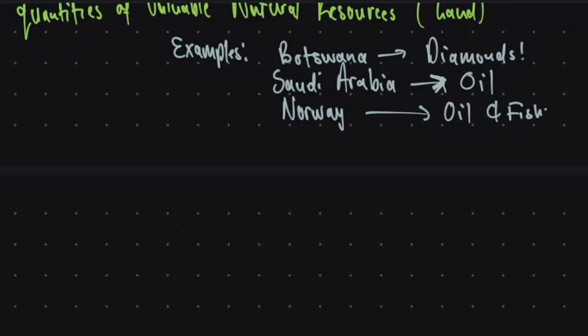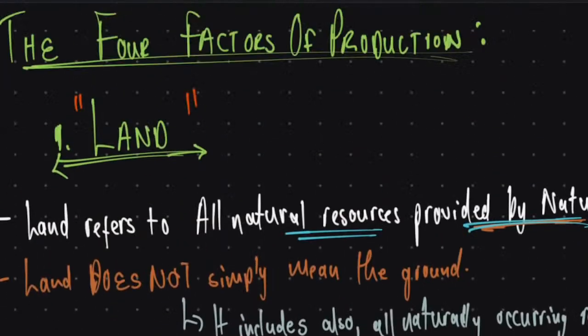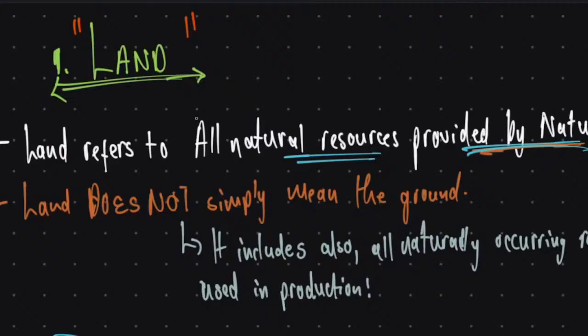So, land. All natural resources provided by nature that are used in production will be in land.